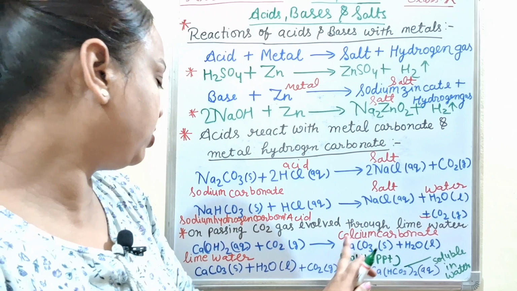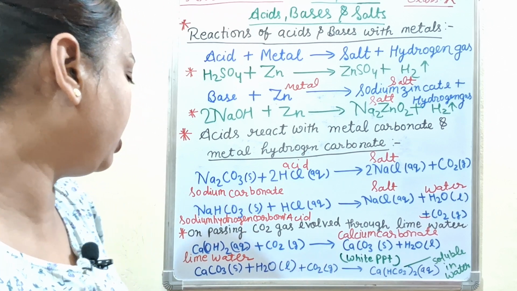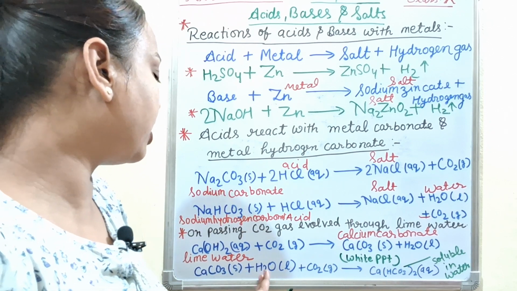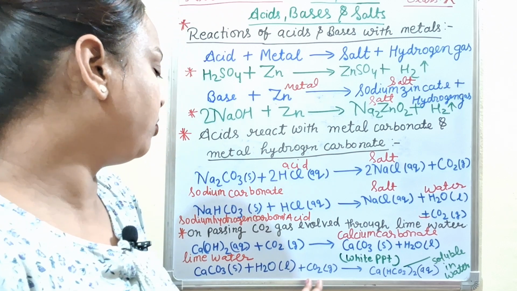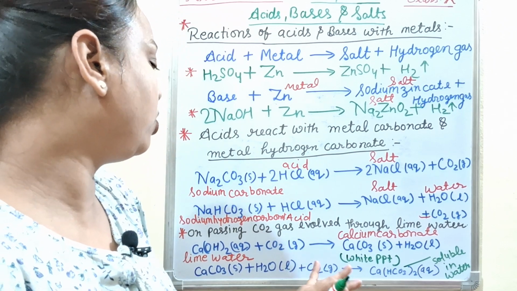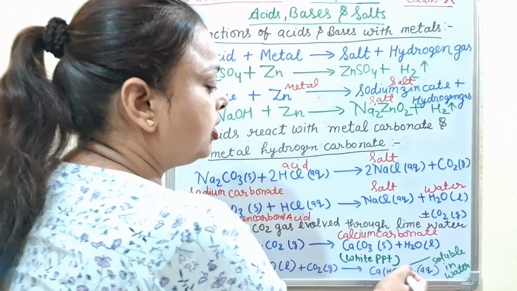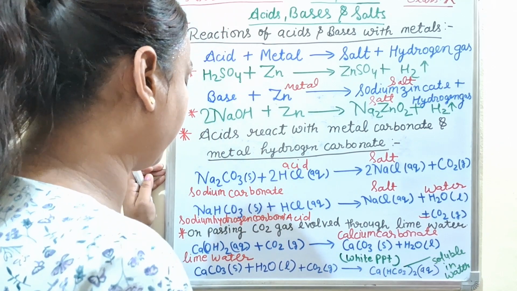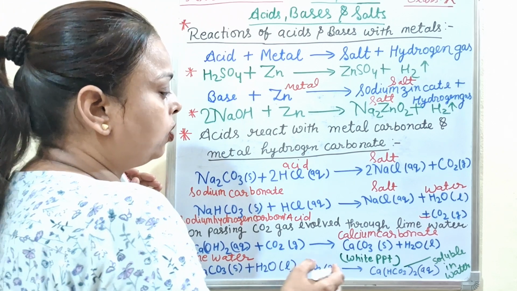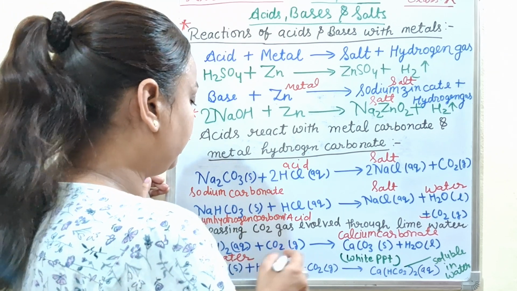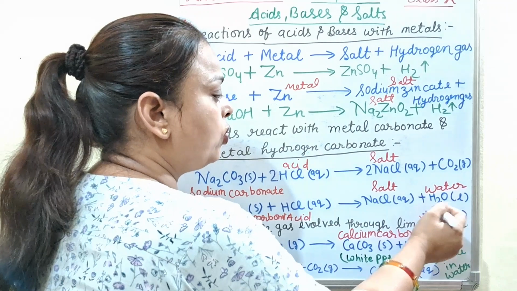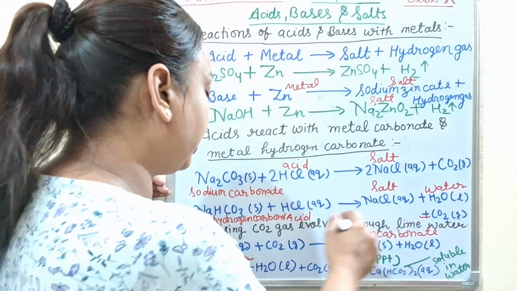Now again CaCO3 reacts with H2O and CO2 and forms Ca(HCO3)2, soluble in water. Calcium hydrogen carbonate we find again. So these are the reactions when CO2 is passed through lime water.